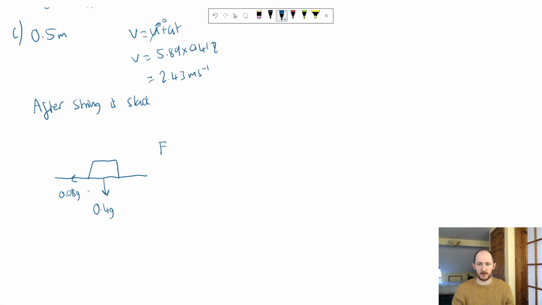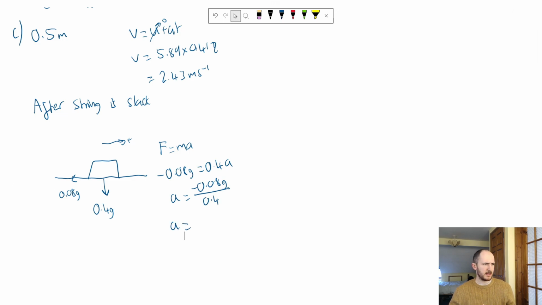Well, it's actually quite nice and easy. It's just F equals ma. The only force we have is 0.08. Now which way do we want to take as positive? Well, we could take forwards as positive still, because it's going to be decelerating, that would make a bit of sense. So we have minus 0.08 g equals 0.4 a. So a is equal to negative 0.08 g over 0.4.